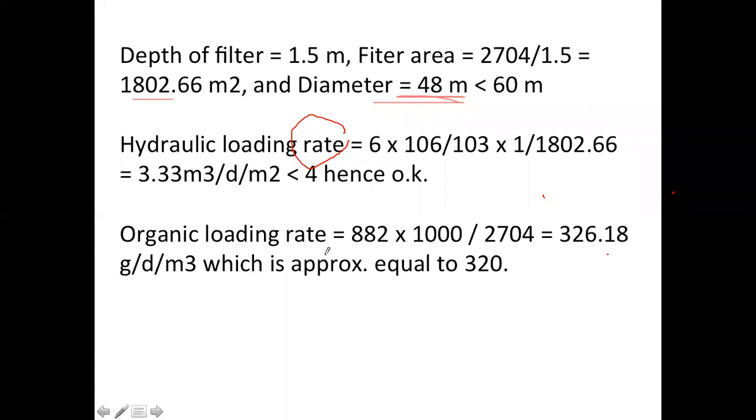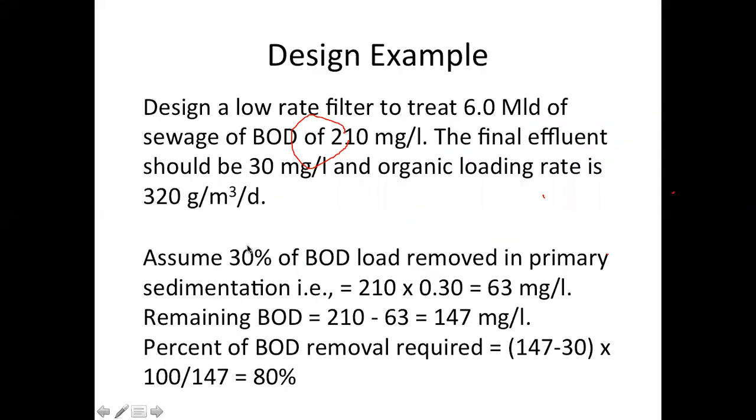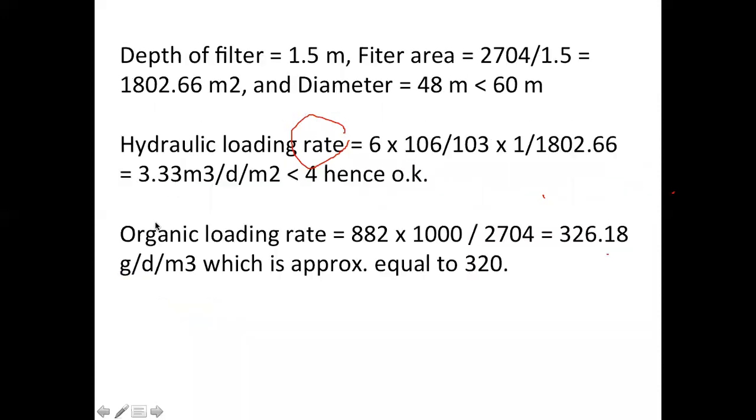The organic loading rate is also calculated, and the maximum organic loading is mentioned in the question itself as 320. So our trickling filter can treat 320 gram per cubic meter per day. This is calculated here and comes very close to 320, so our design is okay for our purpose.